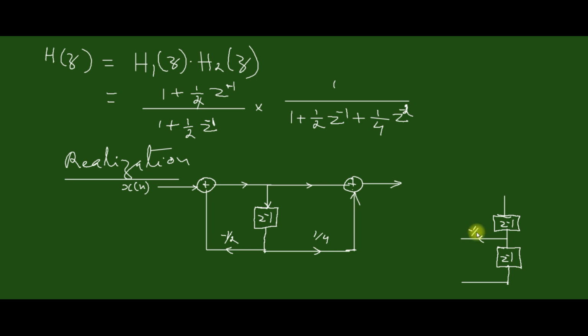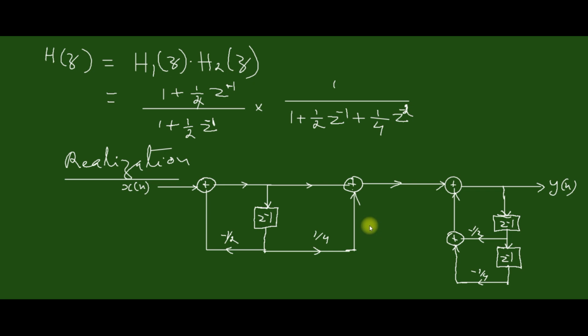This will be minus half, this will be minus 1 by 4, and we have a summing point here. Output y of n. So this is the cascade form realization.